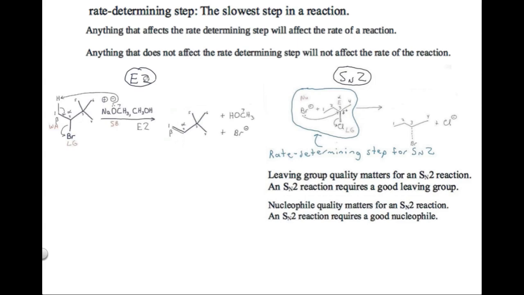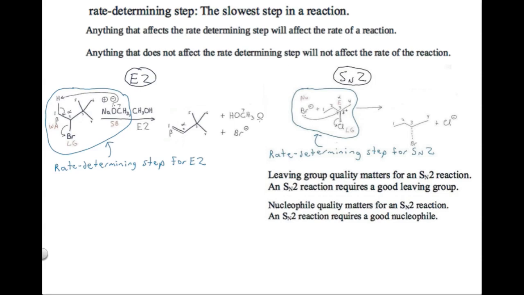Well, here's an example of an E2 mechanism that we dealt with in an earlier video, and the key thing to remember is that there's only one step in an E2 mechanism, so that single step must be the rate-determining step. That analysis is quite similar to the analysis for SN2, because SN2 is also a one-step reaction. Remember, anything that affects that rate-determining step will affect the rate of the reaction.